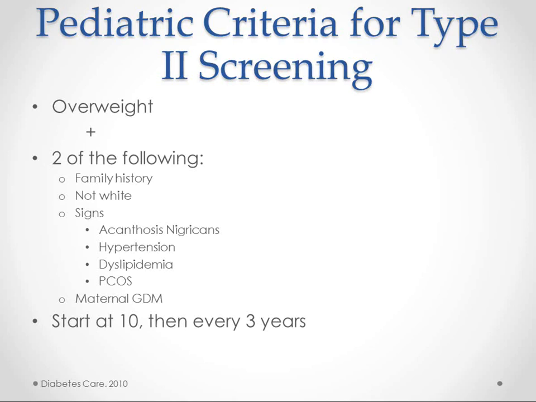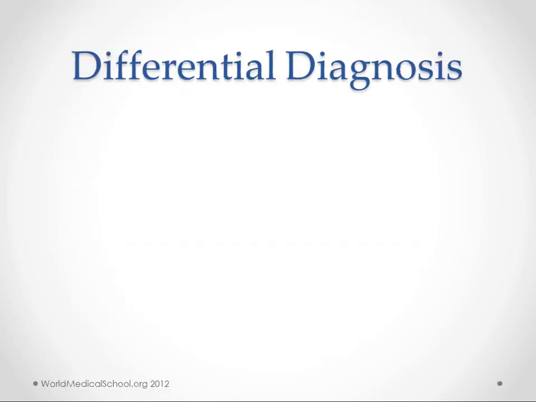So if you have 2 of those, then it's a good idea to test for type 2. So you start doing this at 10. If they don't have it, then you test them 3 years later, etc.